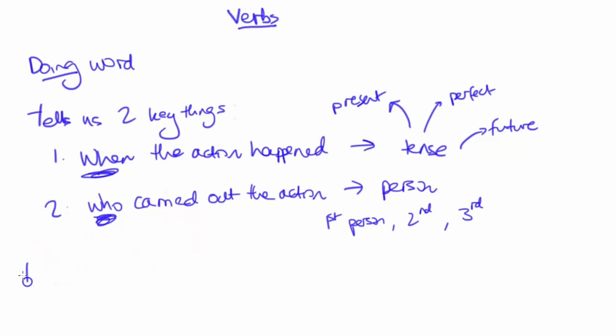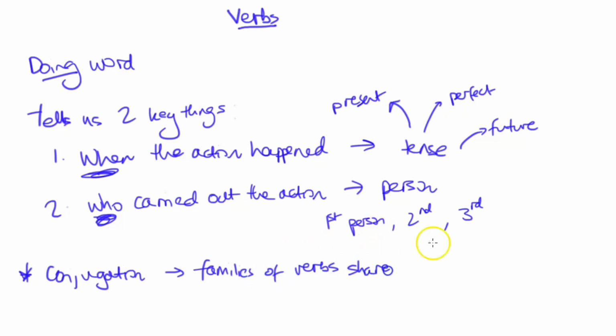There's also a term called conjugation. There are different conjugations of verbs, and these just refer to different families of verbs that share similarities and patterns, similarities in their endings and how they go.